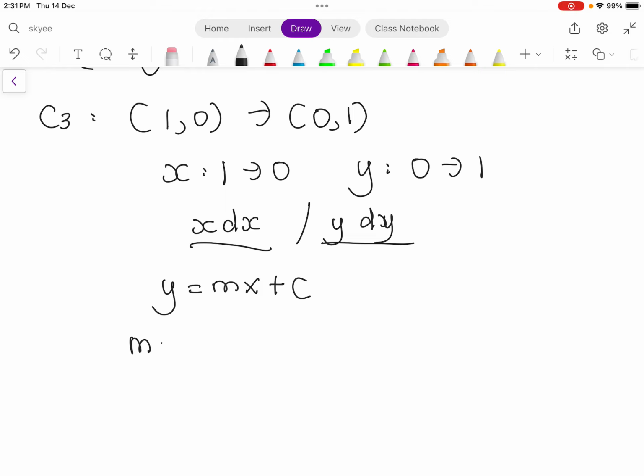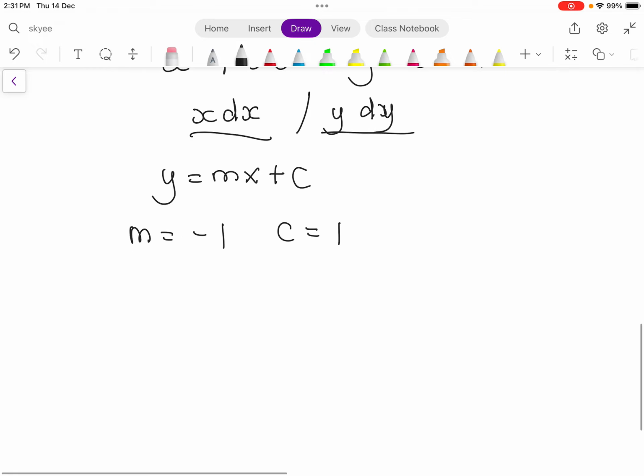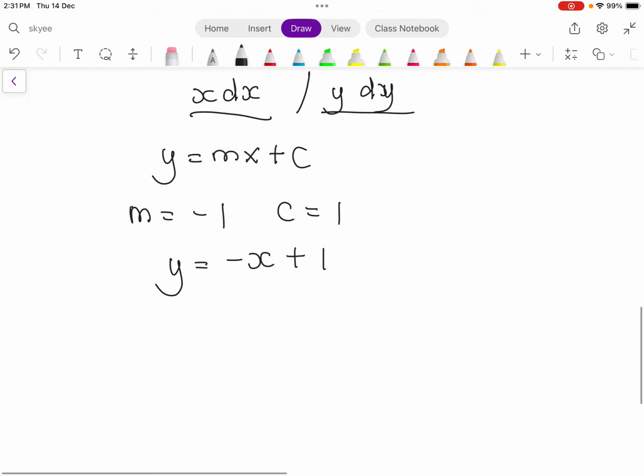And in this case, your m is equal to negative 1, and the intercept is equal to 1 as well. So when you write down the equation for the straight line, it will be negative x plus 1. So now you see the relationship between the y and the x.